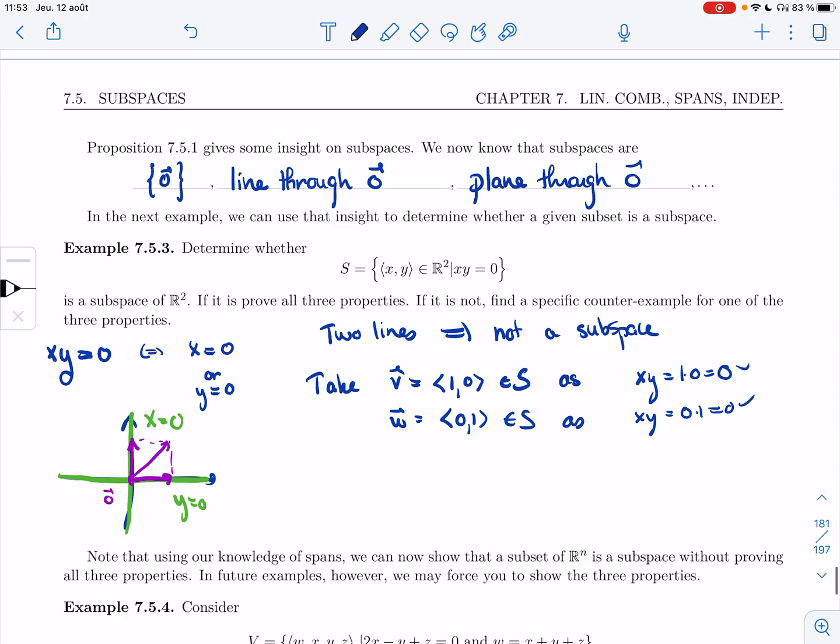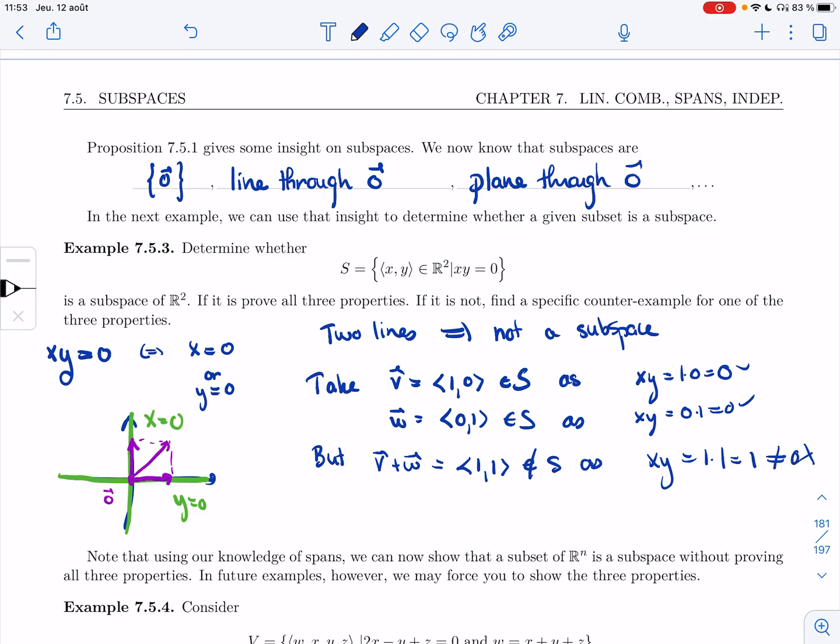So I have two elements that are in S, and then if I take the sum, it will be (1, 1), which isn't in S, as if I take x times y, I get 1 times 1, which is 1, which is not 0.